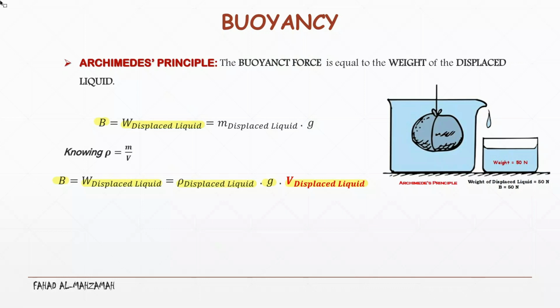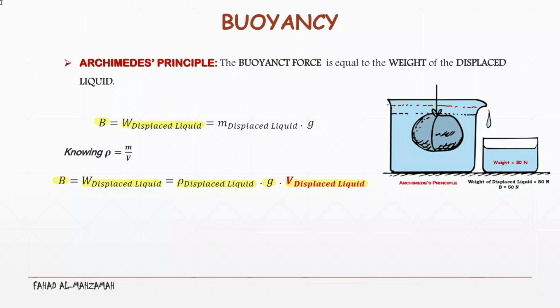Now here is the first point that you need to extract and understand from this definition and this principle. The question is how to find the volume of displaced liquid. I mean, suppose that the liquid here was not full. Okay, so if you put the object, of course it will displace some volume or some amount of liquid, but it might not come out of the full cup.